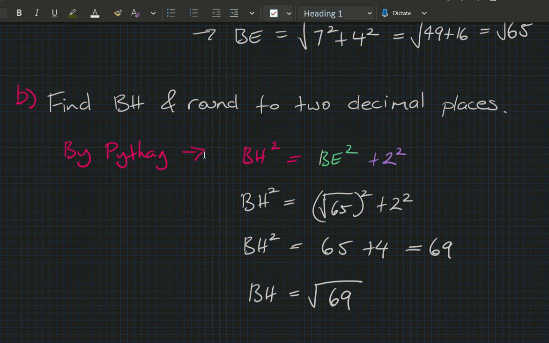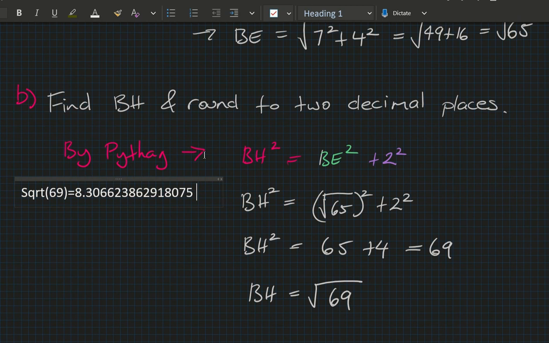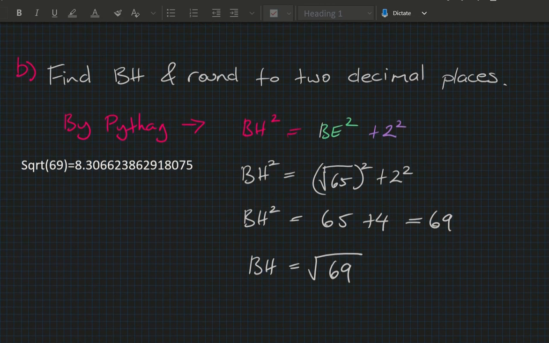And if I put the square root of 69 into the calculator, type equals and spacebar, we get this number 8.30, so on and so forth. Now if I'm going to round this to 2 decimal places, that 6 obviously makes the 0 go to 1, so BH is equal to 8.31.